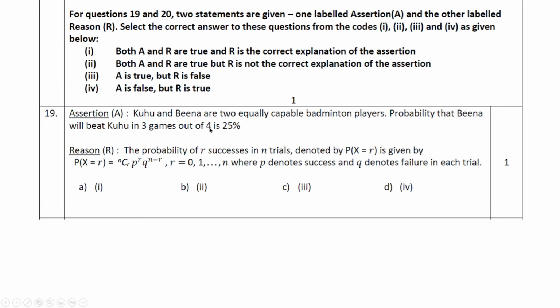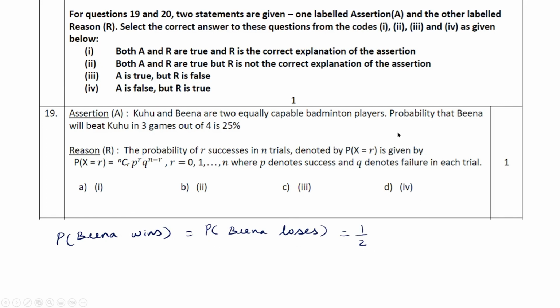Here in this case, it is given Kuhu and Beena are 2 equally capable badminton players. So probability that Beena wins is equal to probability that Beena loses, equal to half. Since they are two equally capable badminton players, probability of success equals probability of failure, equal to half.